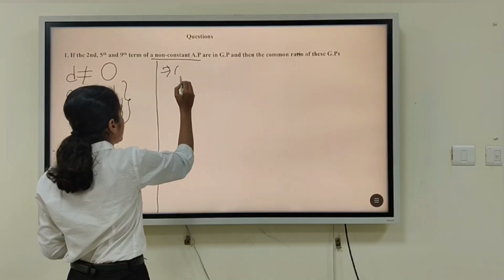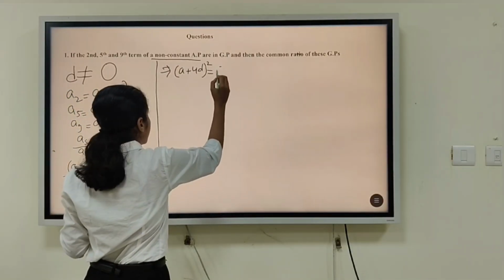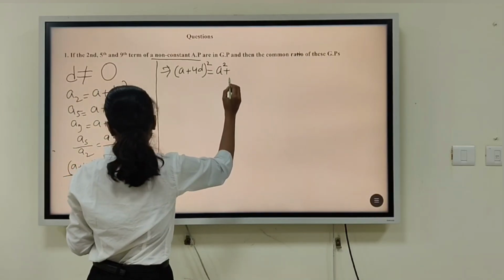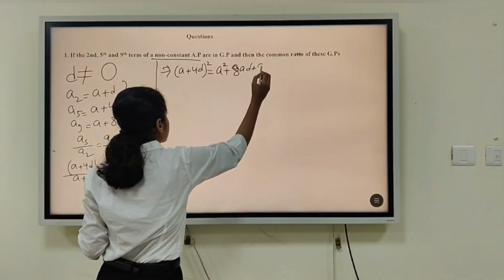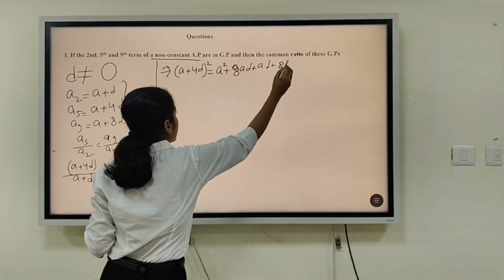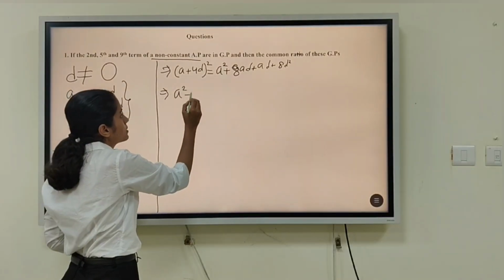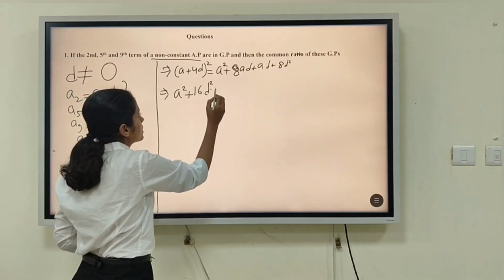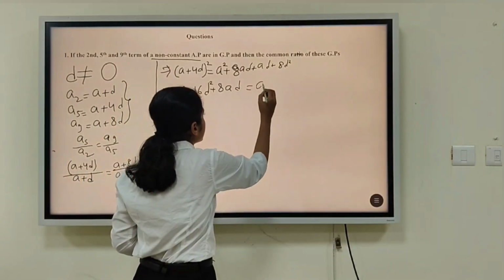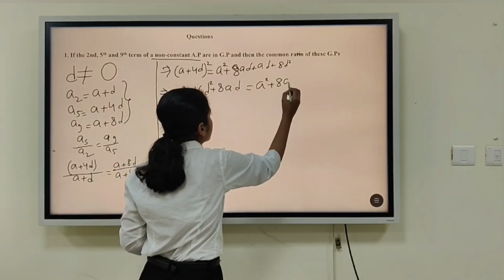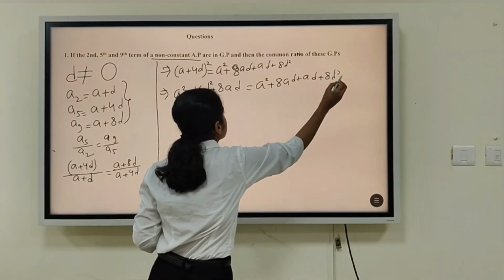It will be (a plus 4d) square is equal to a square plus 8ad plus ad plus 8d square. We will open this: a square plus 16d square plus 8ad, which will be equal to a square plus 8ad plus ad plus 8d square.